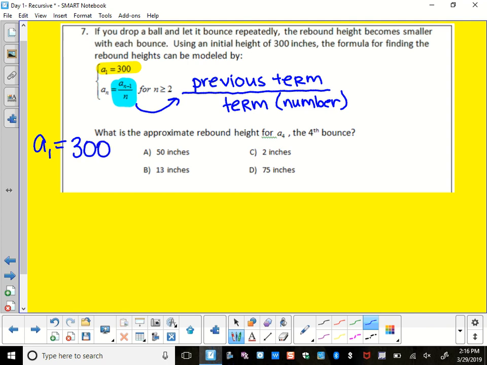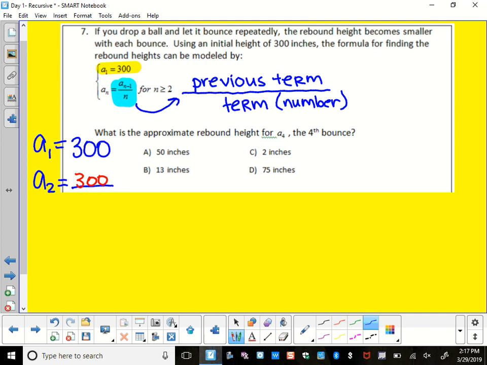Okay, I'm going to which term? I'm going from A1 to A4. That's what they're asking me for, right? All right, so my equation here is your previous term divided by your term. What's my previous term here? 300. All right, now this is what gets tricky.